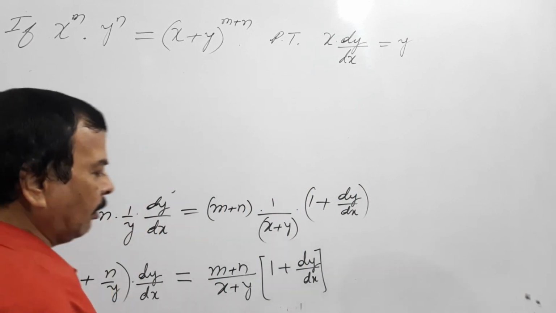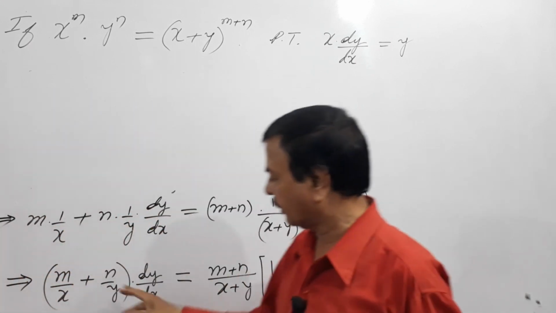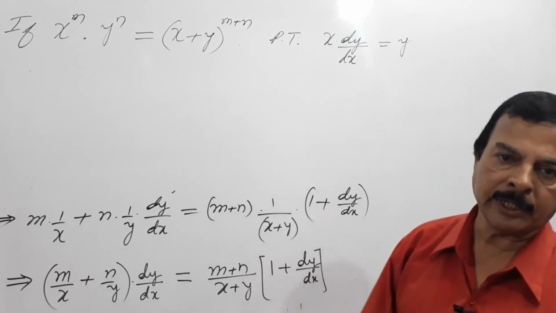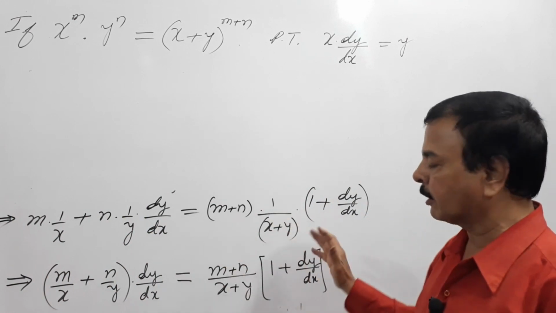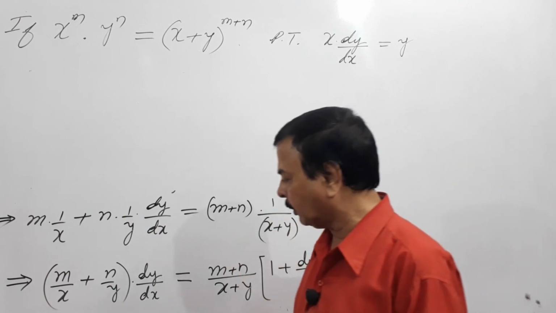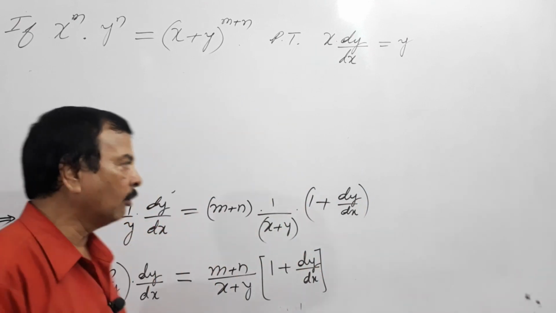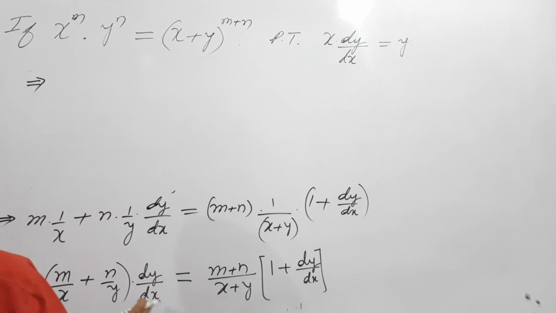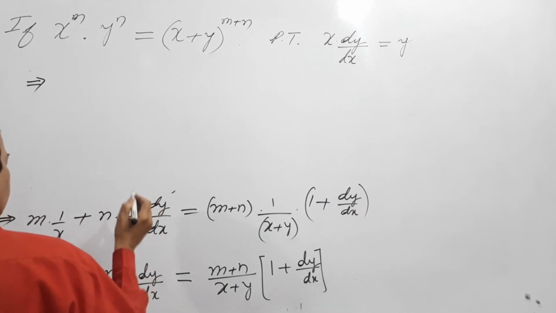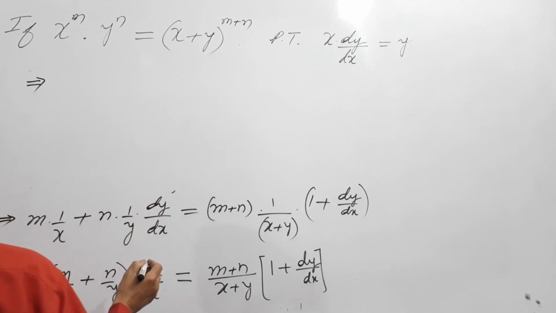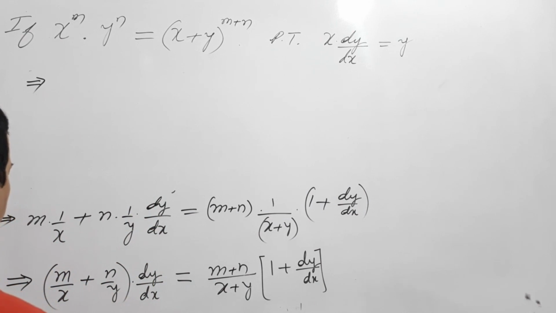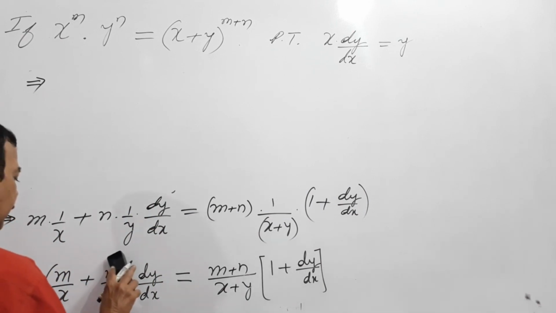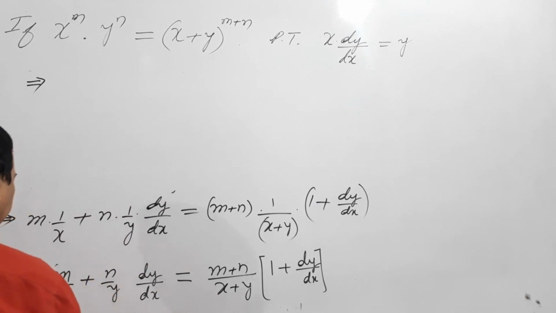So now we have to solve for dy by dx. See that dy by dx is on one side and the non dy by dx terms come on the other side. How to go about it? First, follow me. I will not put a bracket here, because if I put a bracket it becomes for everything.